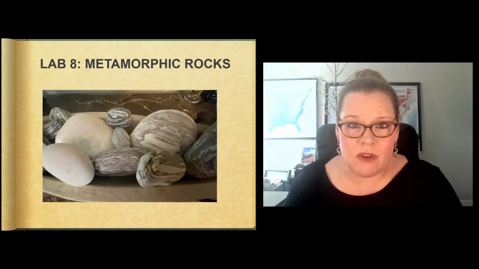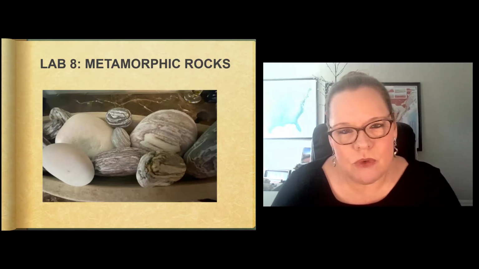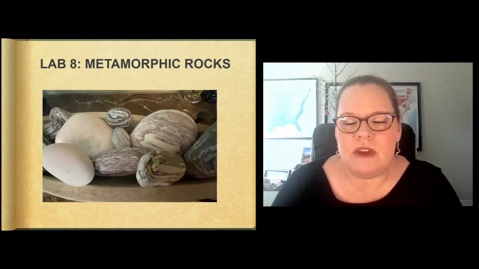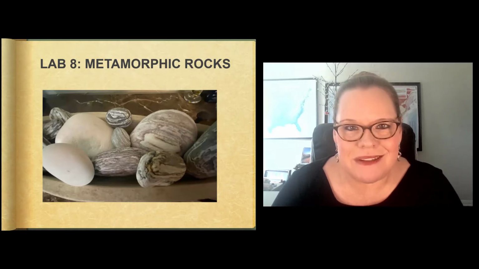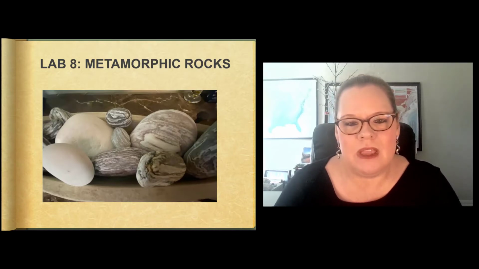So you should have already done your metamorphic chapter reading and lecture videos. If you have not done that, you've got to stop this lab and do it, because you've got to have an understanding of what this stuff is before you start.